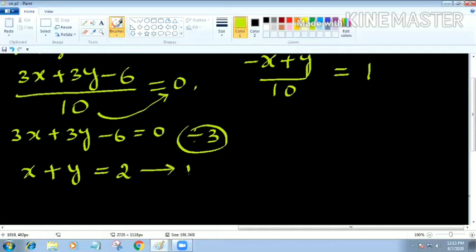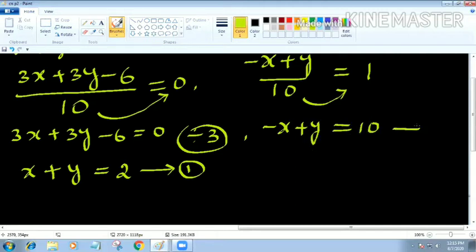Name it as equation 1. And this side, 10 into 1, minus x plus y is equal to 10. You can name it as equation 2.